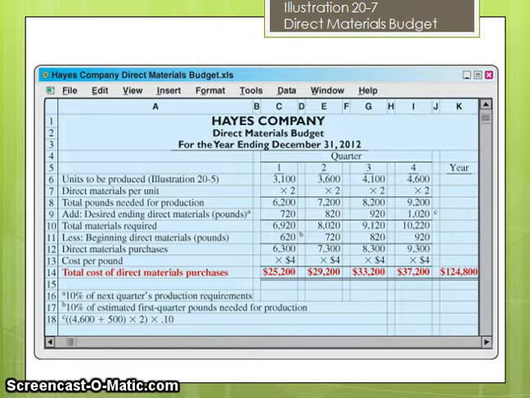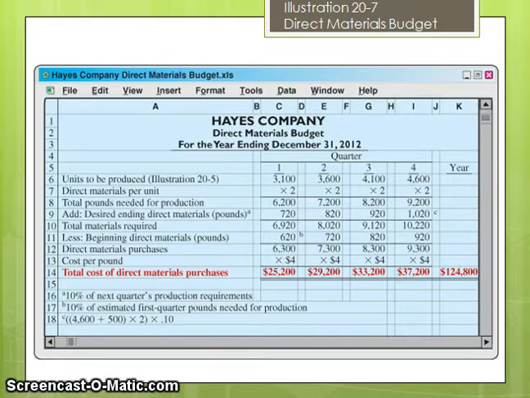How many pounds or tons or gallons or yards or square feet, whatever our material is, do we need to make that production level? We know we want to make 3,100 units. It takes 2 pounds of that material per unit, so I'm going to multiply that by 2. That tells me the total number of pounds that I need for production. So I need 6,200 pounds.